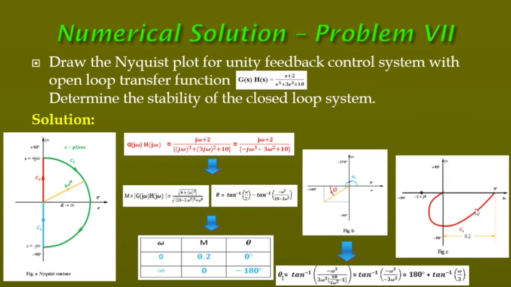So from 0 it crosses minus 90 degree, then touches the minus 180 degree. This is the finishing point. That means negative angle increase means clockwise movement. This is C1 path. At that point, omega is infinity, that means finishing point for C1 path.